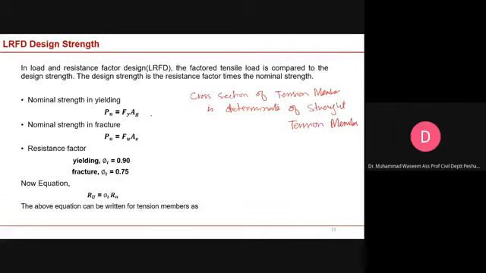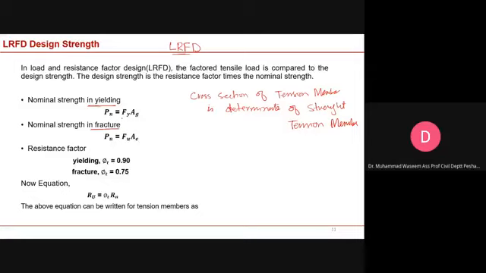So now we have two approaches, one approach is LRFD and the second approach is ASD. Now we can see how we can evaluate the capacity of a tension member for two limit states. The first limit state is excessive deformation. The second limit state is fracture.